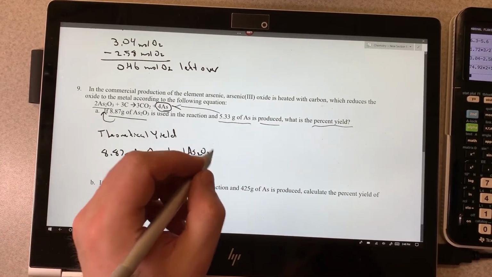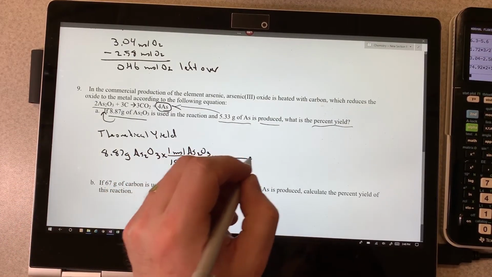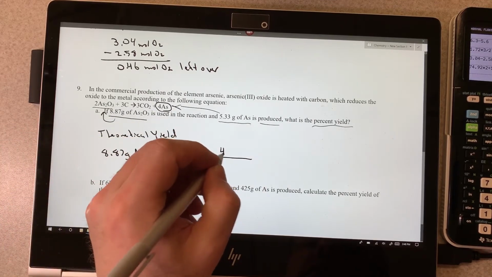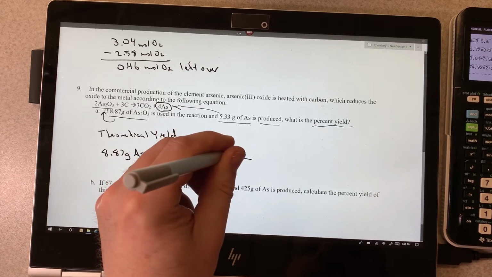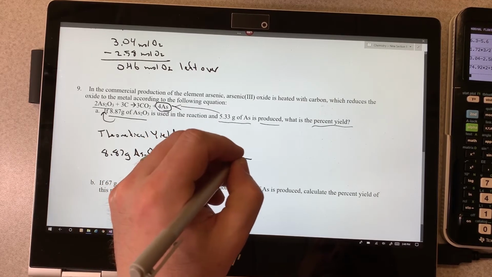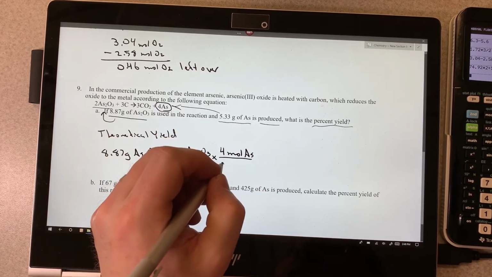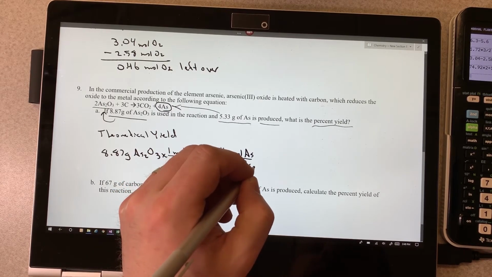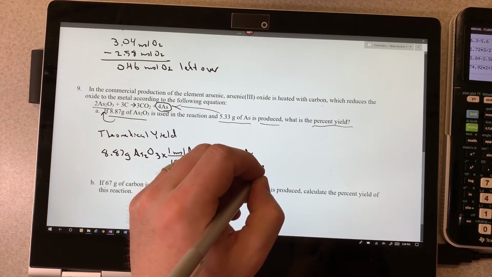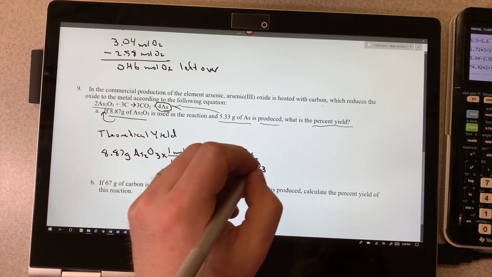That will get me from grams to moles, so now I can use my mole ratio. In this case, there are 4 moles of arsenic for every 2 moles of arsenic 3 oxide.